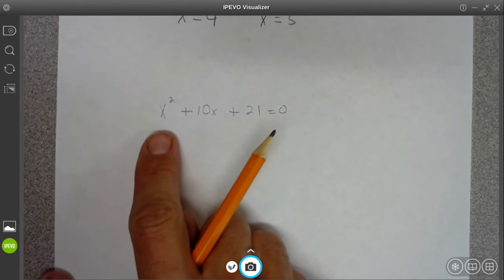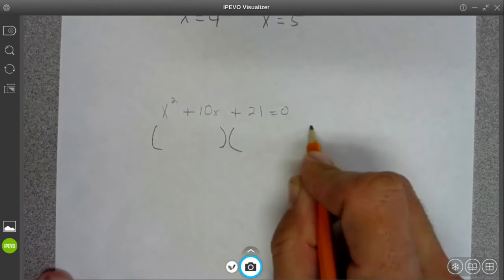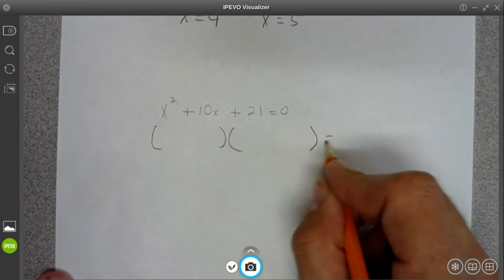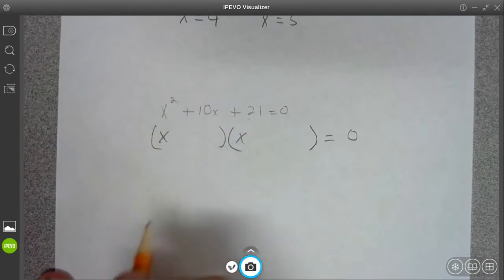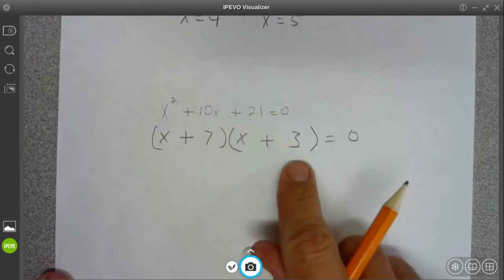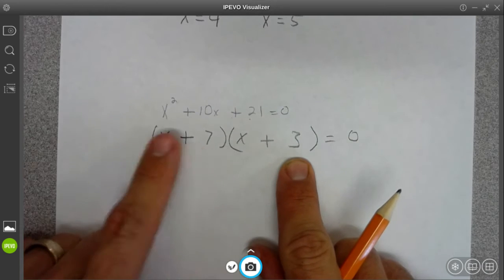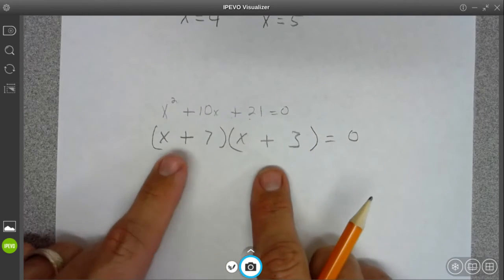We're going to try to factor the quadratic first. So two numbers that multiply to 21 and add up to 10. It's 3 and 7. They were the same signs because it was plus, and they were both plus signs.